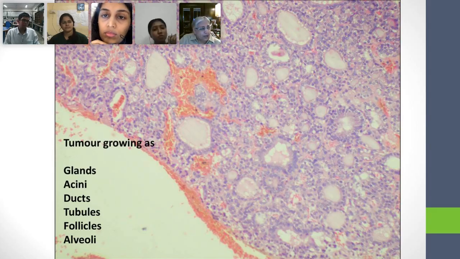So you've got all kinds of glands, but an acinus is essentially the terminal portion of a secretory ductular apparatus. Okay, so you can't get an acinus in the colon.